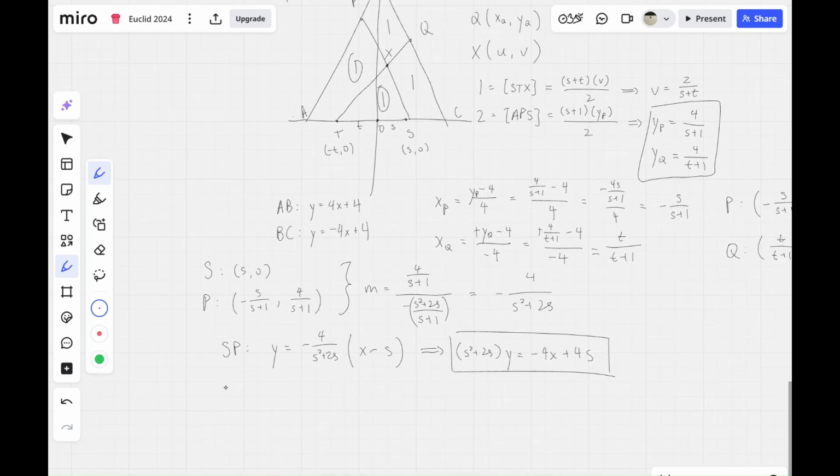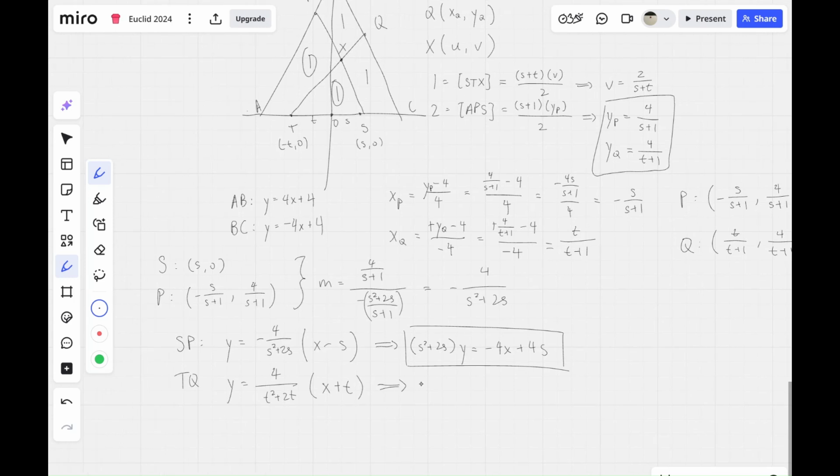Similarly, we get that line TQ should have equation y equals 4 over t squared plus 2t times (x plus t), which is equivalent to (t squared plus 2t)y equals 4x plus 4t.